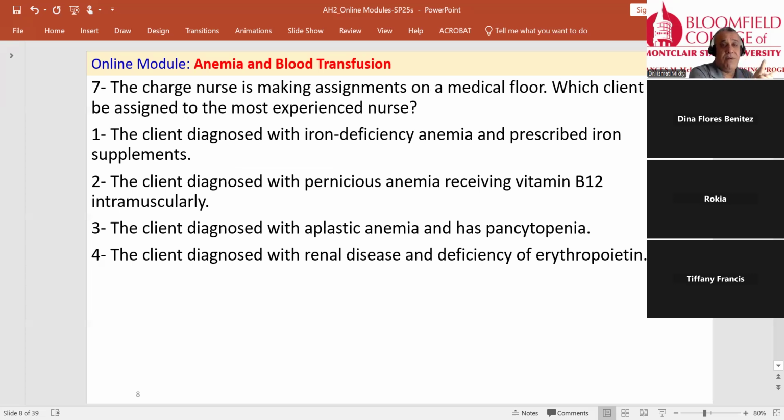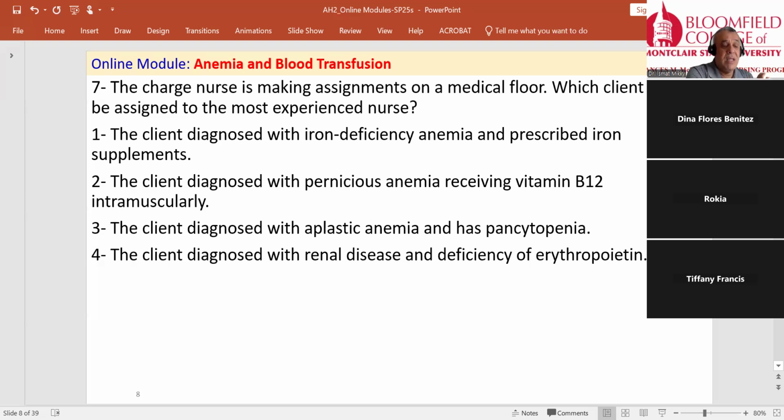Before I go to 7, be careful when you answer questions about referral. We do referrals to certain groups like AA, which is Alcoholics Anonymous, and other places, but not the hematologist.